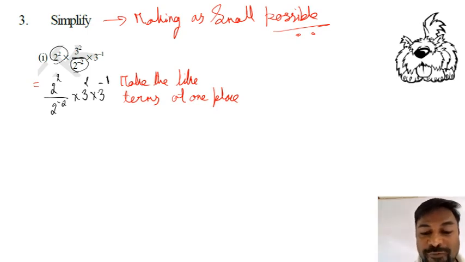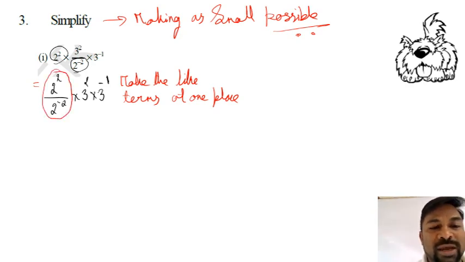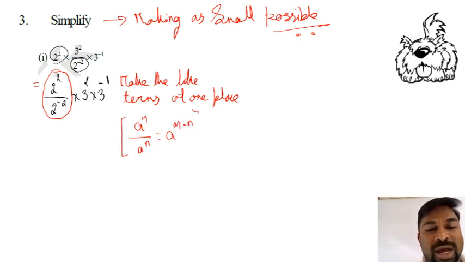Now this concept looks like a to the power m by a to the power n equals a to the power m minus n. But please remember, always the smaller power should reach the bigger power. Here, the bases are 2 and 2.